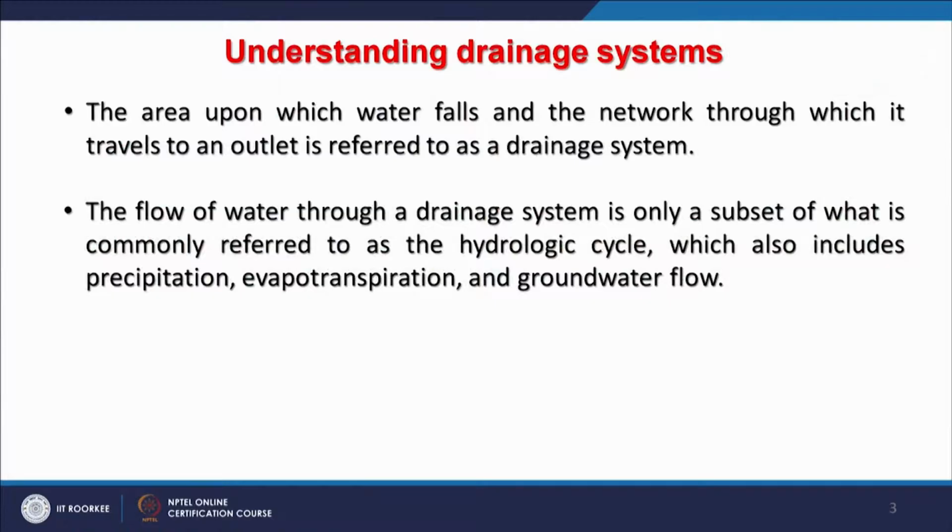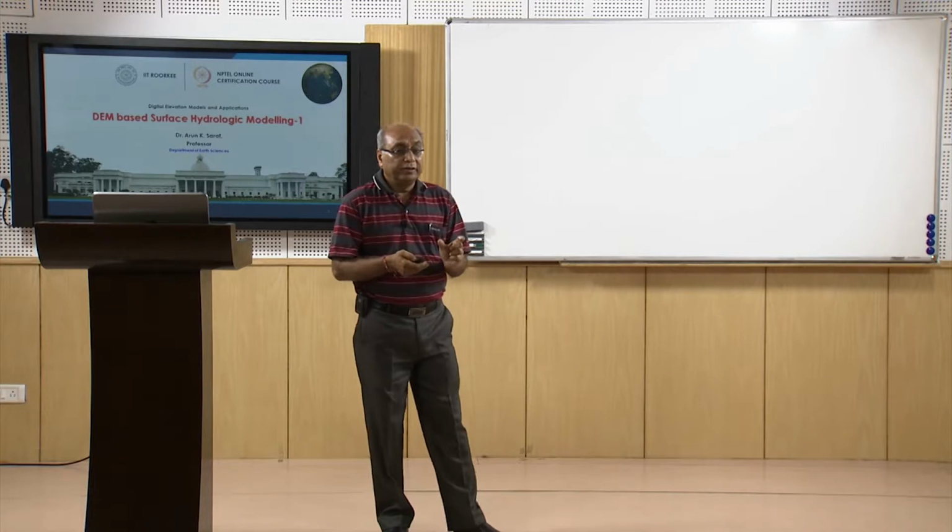The flow of water through a drainage system is only a subset of what is commonly referred to as the hydrologic cycle. The hydrologic cycle encompasses the complete movement of water through all processes, but the flow of water in a drainage system is just a small part.